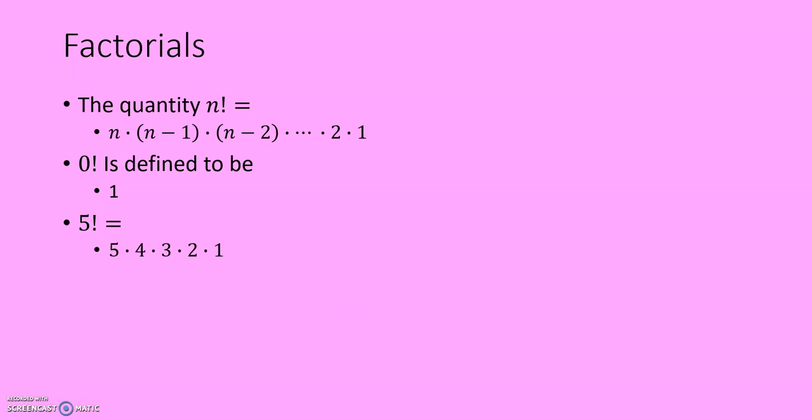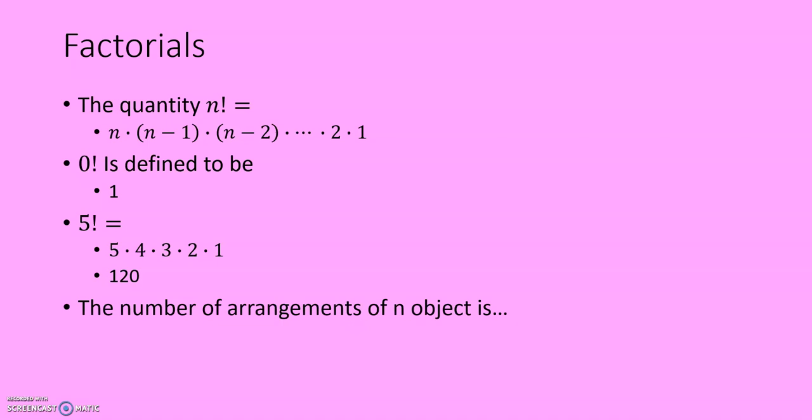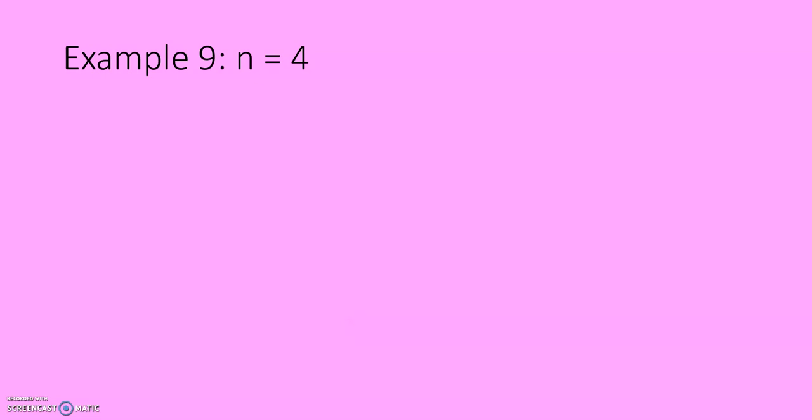Multiplying those numbers, it equals 120. The number of arrangements of n objects is n factorial. Example, n equals 4, and we're going to find n factorial.